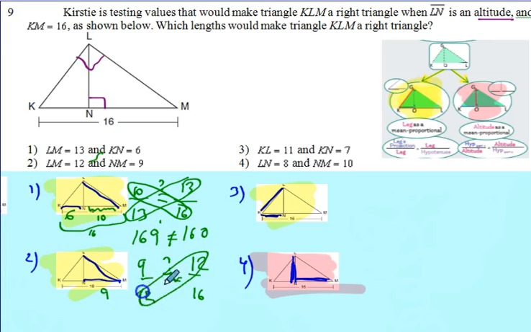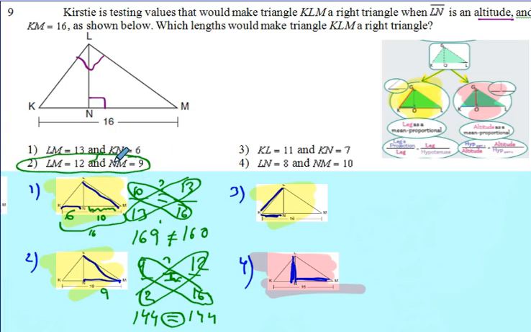We know this product is 144, and now multiply these two. 10 times 9, that's 90, and 9 times 6 is 54. It does equal 144. So choice 2 actually does produce the correct proportion, and therefore choice 2 is our answer.